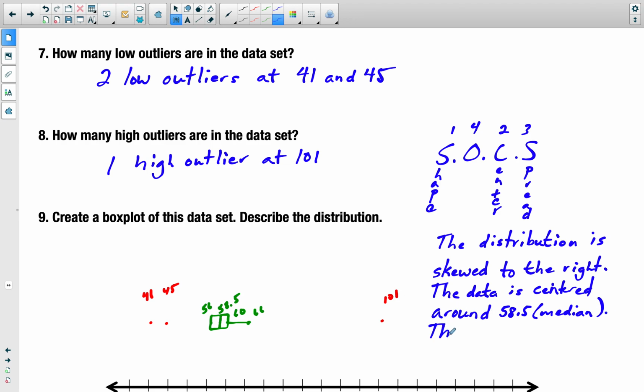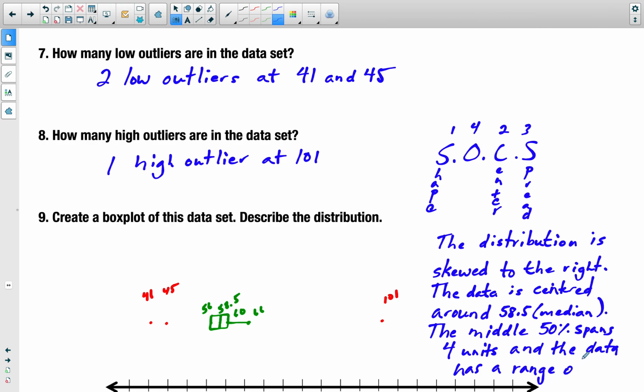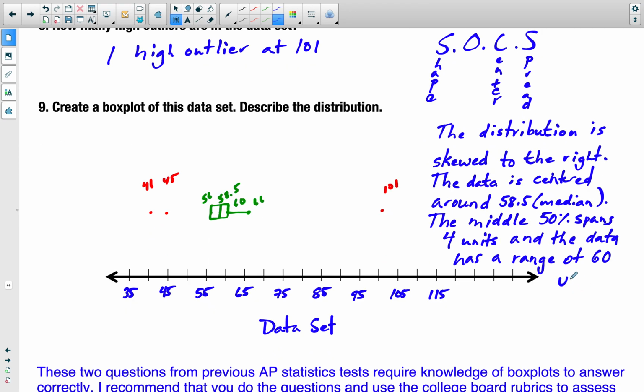The middle 50% spans 4 units, and the data has a range of 60 units, which is 41 to 101.